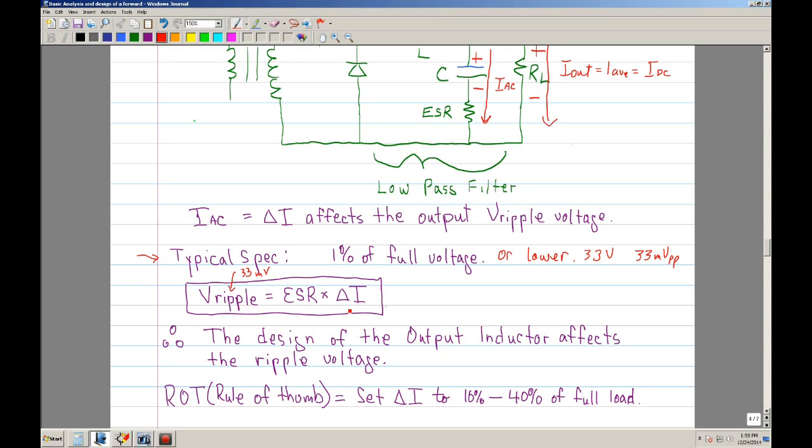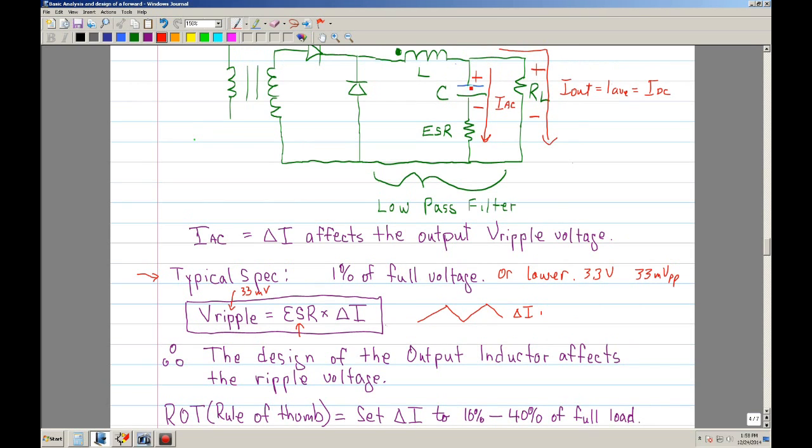Okay, so with that being known, if you know that your ripple is 33 millivolts, and you know what your ESR is, then you can design for a certain delta current. Because this AC ripple, the delta I, when it flows through this circuit, the capacitor is assumed to be extremely low impedance.